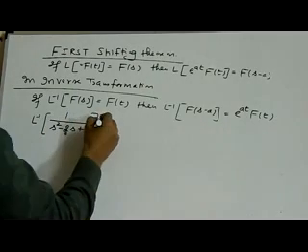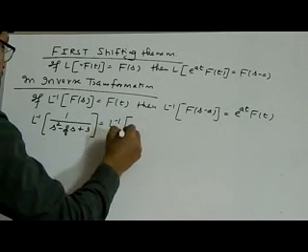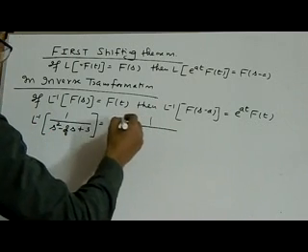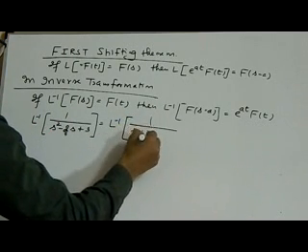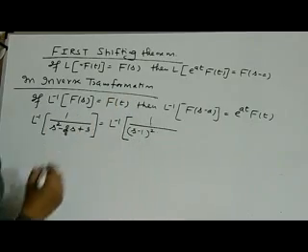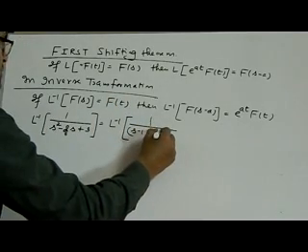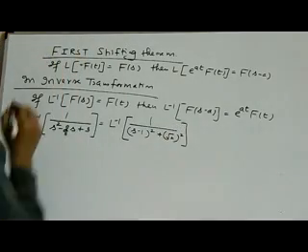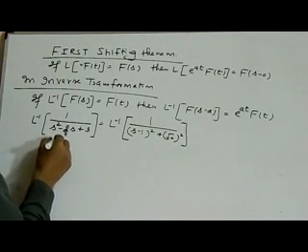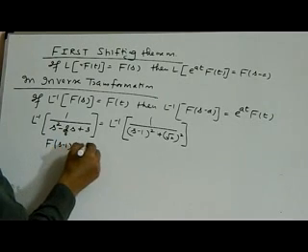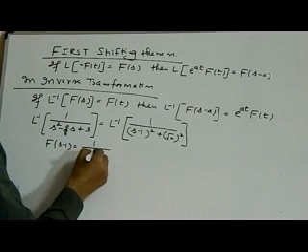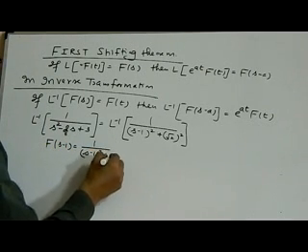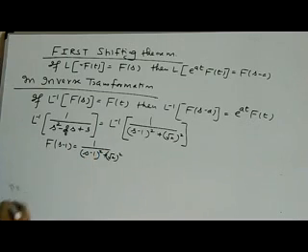Now can I write this as L inverse of 1 upon s minus 1 whole square, and then plus root 2 whole square. So if I take my function of s minus 1 as 1 upon s minus 1 whole square plus root 2 square.